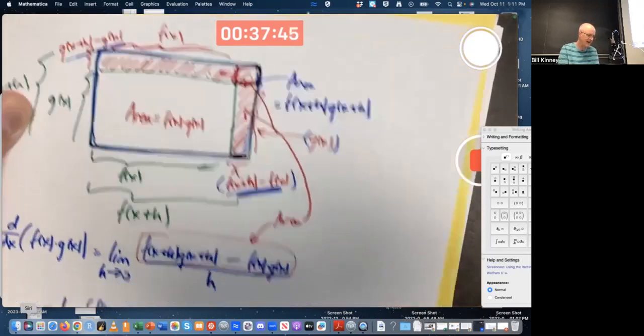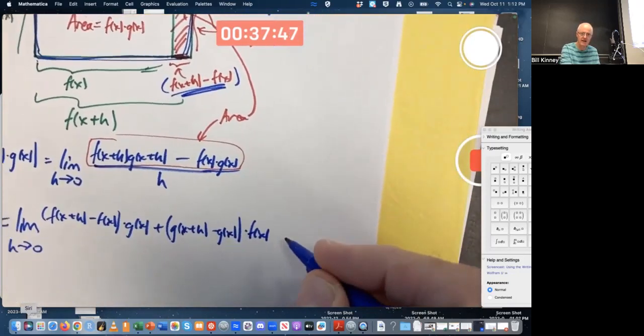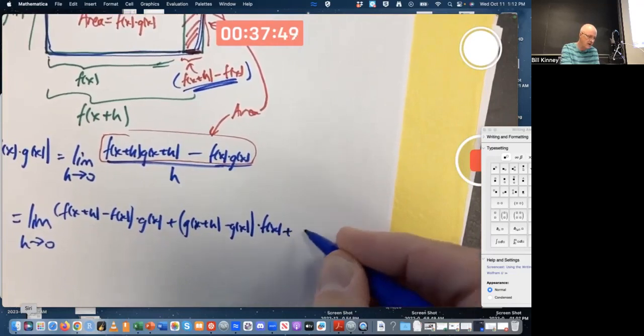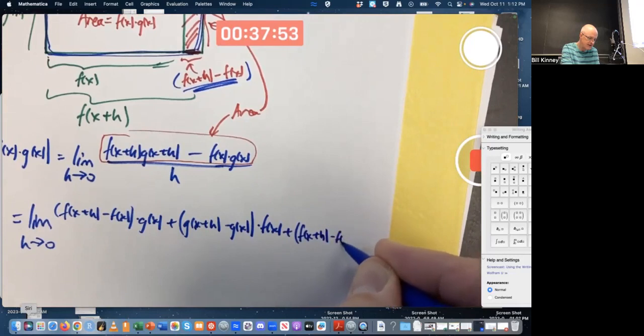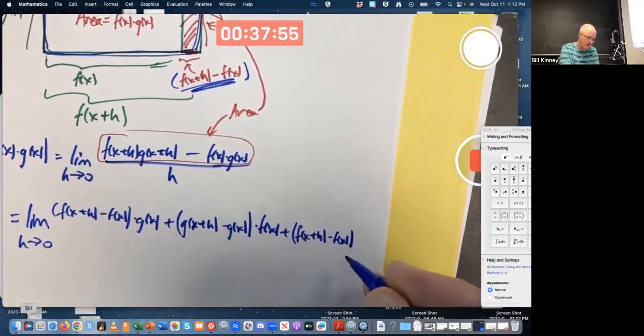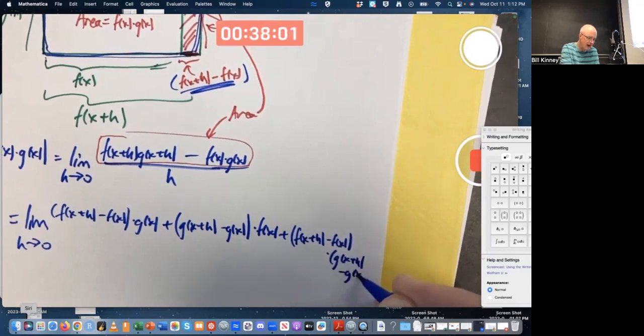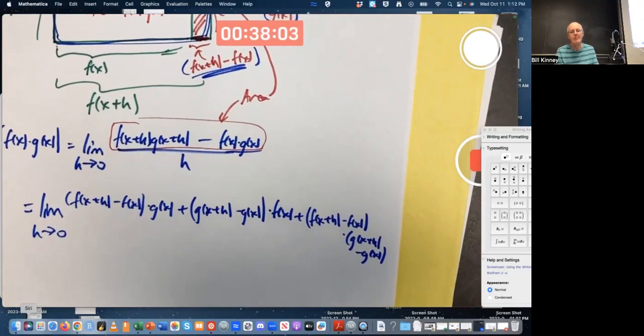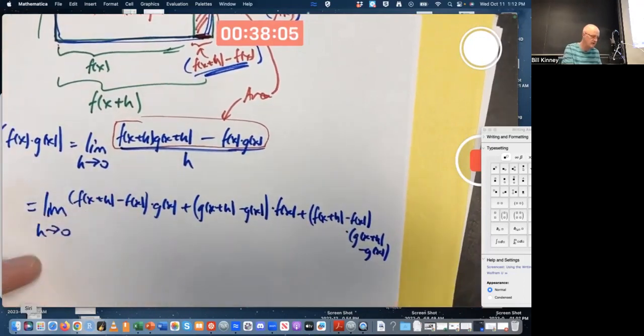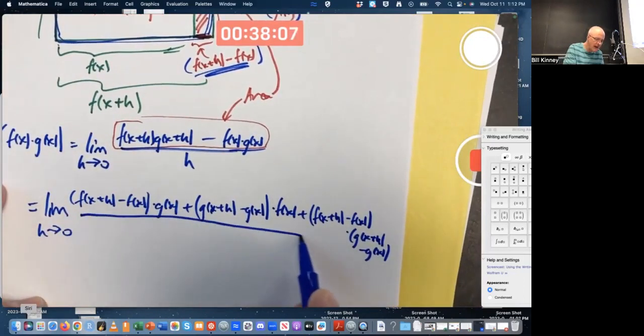That's the most complicated expression, actually, and it's the tiniest area, and I'm almost out of room on my paper. f of x plus h minus f of x, times g of x plus h minus g of x. Sorry that I ran out of room on my paper. That should all be on one line. All divided by h.